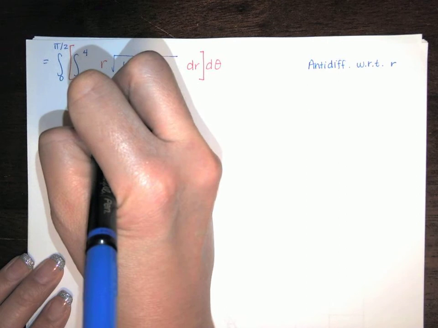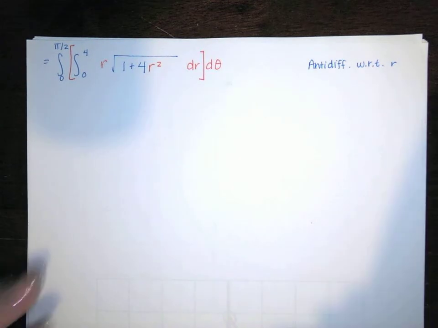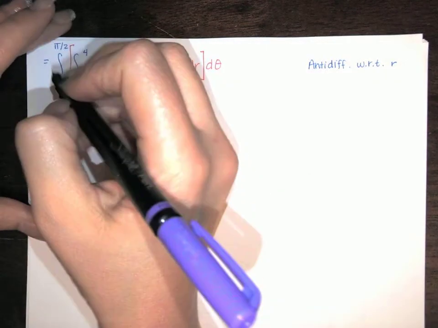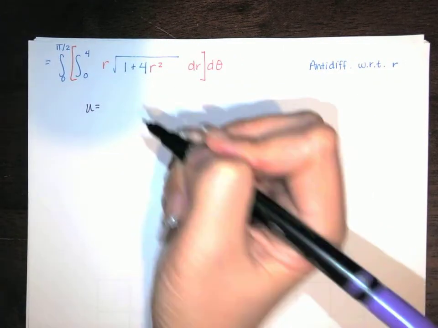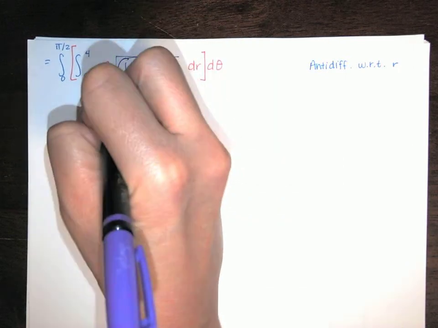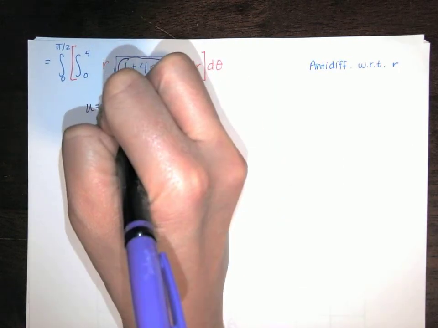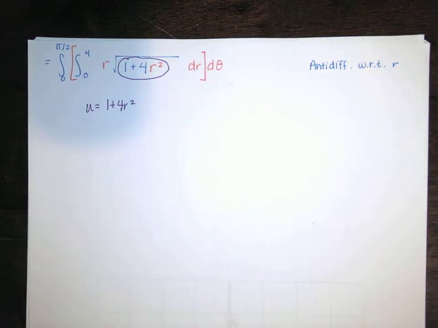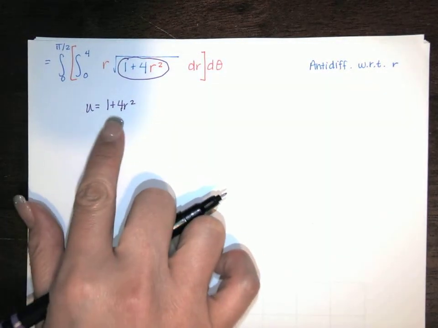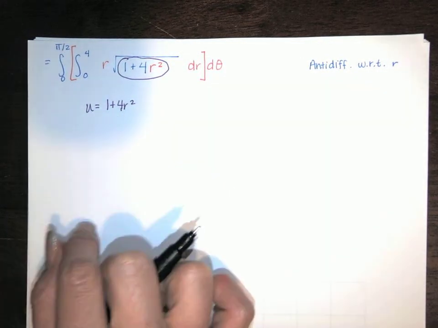Well, in order to do that, let u be an inside function. u is going to be 1 plus 4r squared. Now we know to do u substitution because basic rules don't work, and because a multiple of the derivative of this is up here somewhere.